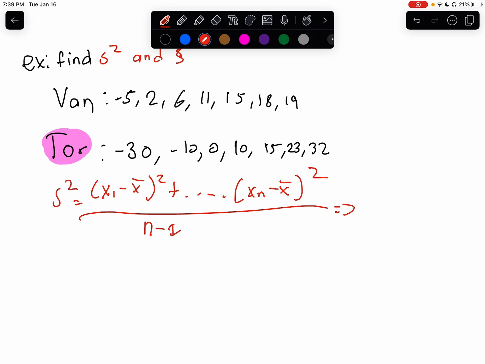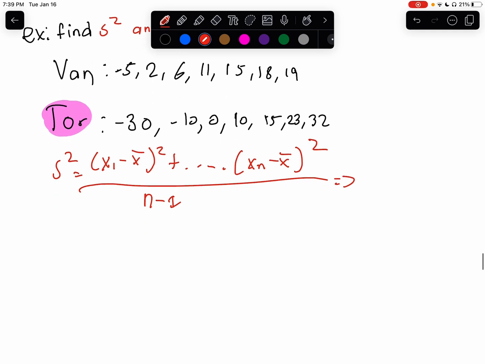First we have to calculate our mean, right? So our mean of Toronto equals -30 minus 10 plus 0 plus 10 plus 15 plus 23 plus 32, divided by 7. So 1, 2, 3, 4, 5, 6, 7.